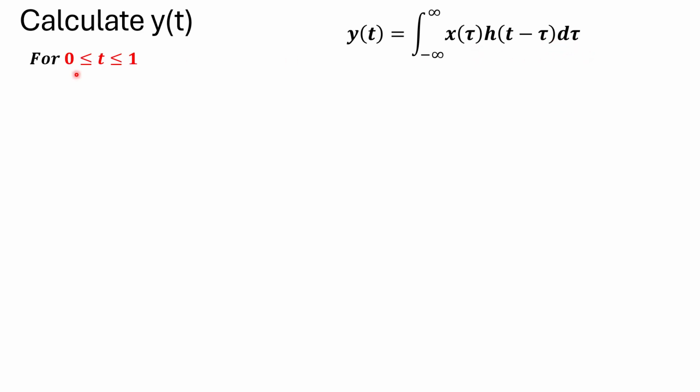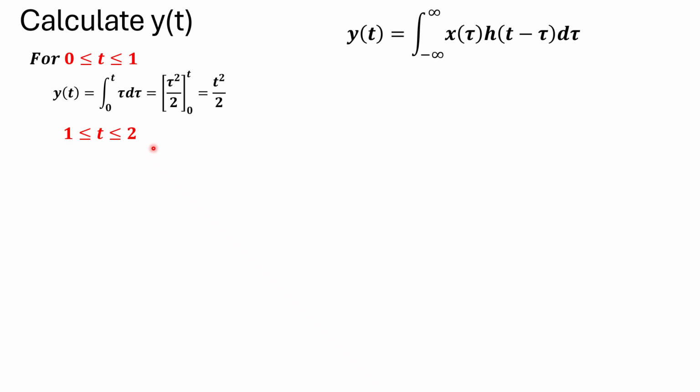Thus we calculate y of t using the equation integral from minus infinity to plus infinity of x of tau h of t minus tau d tau. For 0 less than t less than 1, y of t is equal to the integral from 0 to t of tau d tau. When we integrate and substitute the limits, we get t square by 2.